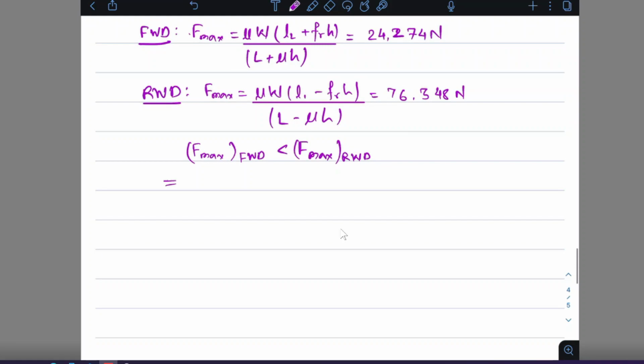So in this particular case also, rear wheel drive is better suited.